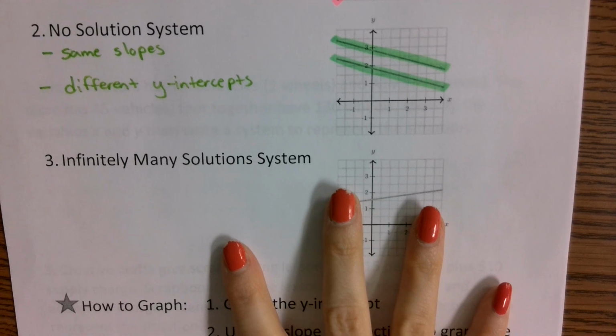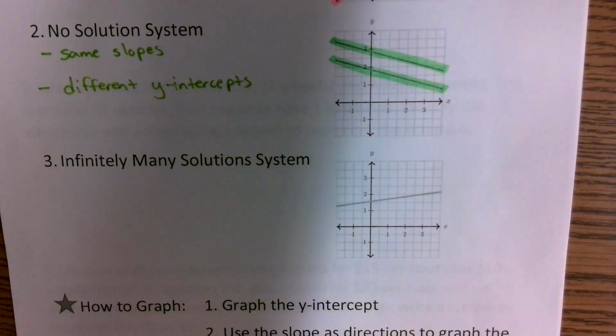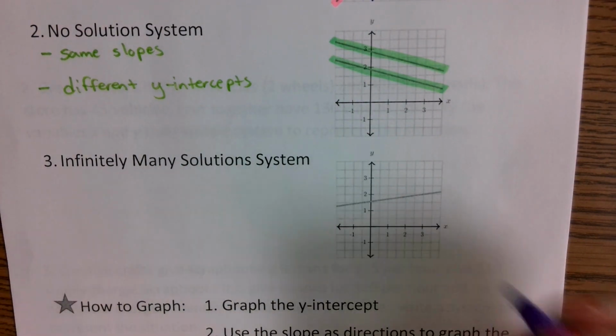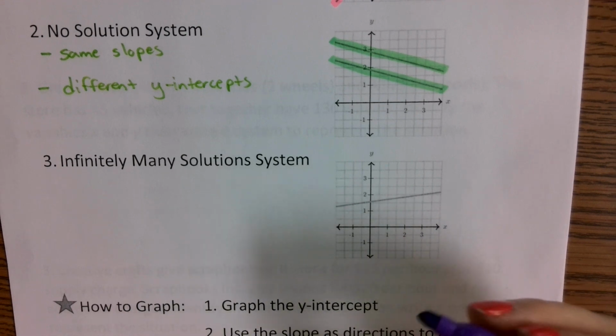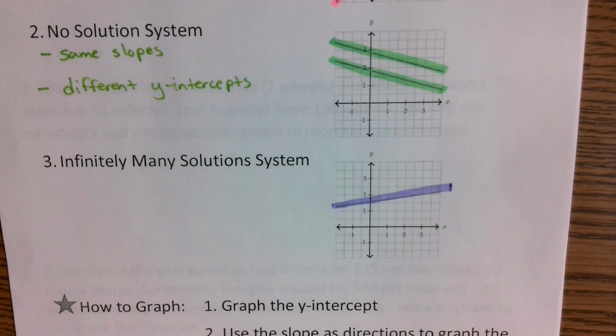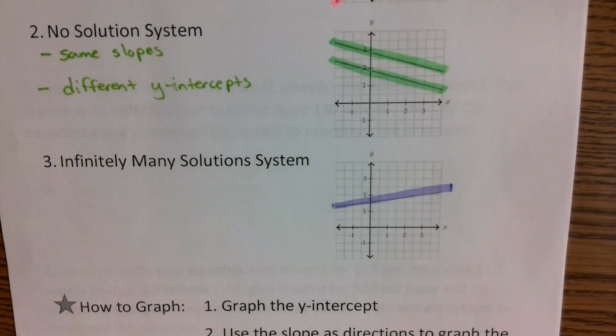And then we've got infinitely many solutions. Even though there are 2 lines graphed, all you see is one line. With infinitely many solutions, every single point on the graph is a solution for both lines.